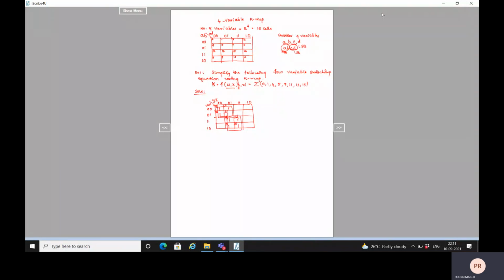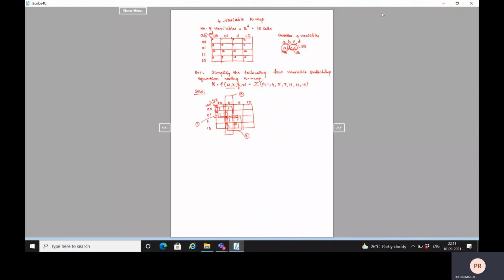So this is possible. And one more grouping possible is the column. So how many groupings are possible? 1, 2, 3. From these, we have to identify the prime implicants and the essential prime implicants.